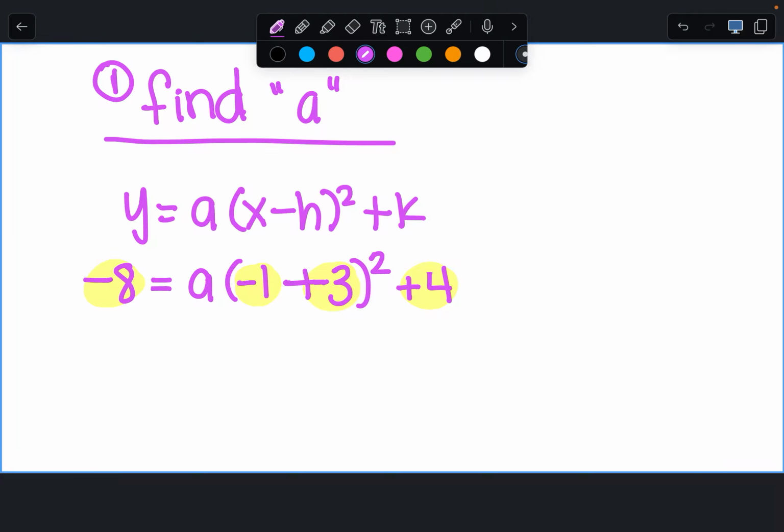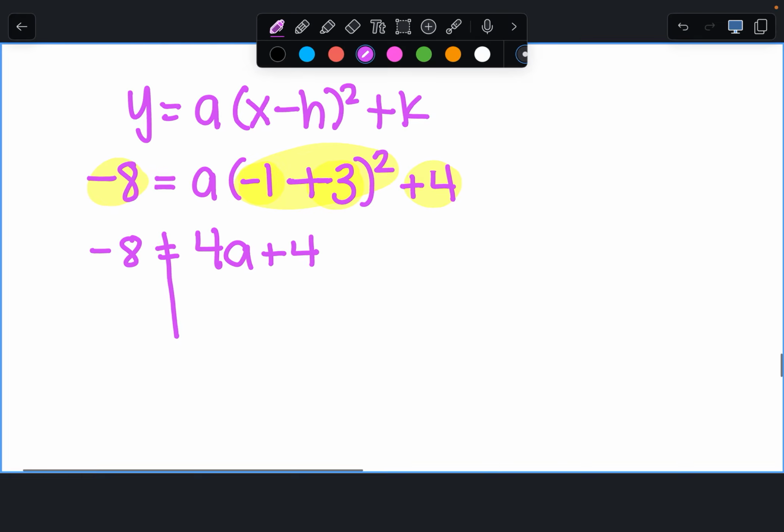Now, we solve for a by first taking care of the parentheses. What is -1 plus 3? Or flip it around, 3 minus 1. And 2 squared is 4, so we write that as 4a, not a4. Bring down the -8, bring down the +4. Continue solving for a by doing what? It's a 2-step equation, so subtract 4.